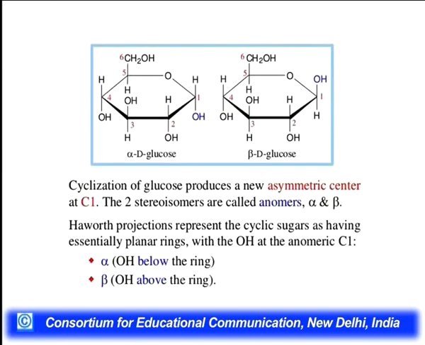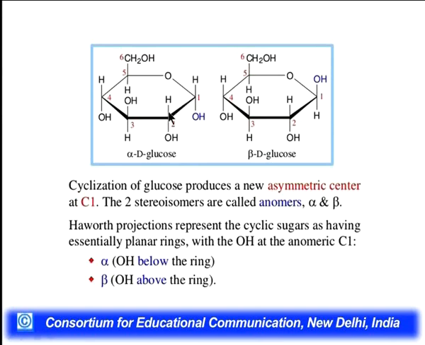So now let me explain this with the help of the structure. We are drawing the pyranose structure, and in the pyranose structure you have to remember that this oxygen is always going to be on the right hand corner on this side, and the first carbon, which was the carbonyl carbon in the open chain structure, becomes the anomeric carbon or the hemiacetal carbon, and it will be on the right hand side.